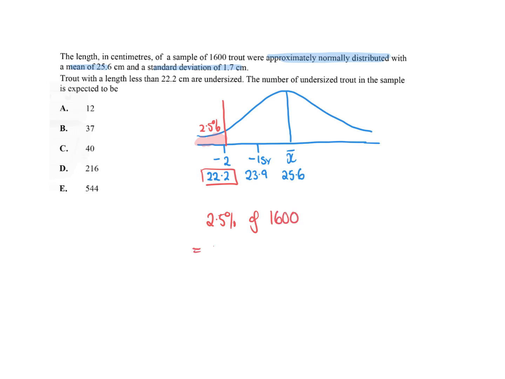So I'll change that to a decimal and times it by 1,600, and we get 40. You can also make the percentage over 100 and times 1,600. That's the same thing, and on your calculator that's fine. So we end up with 40.